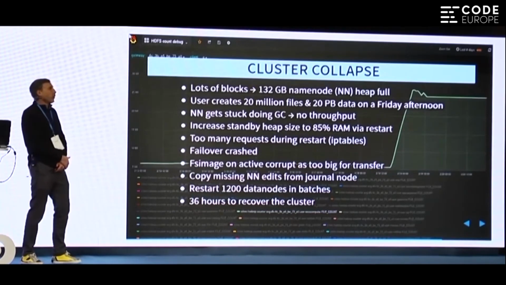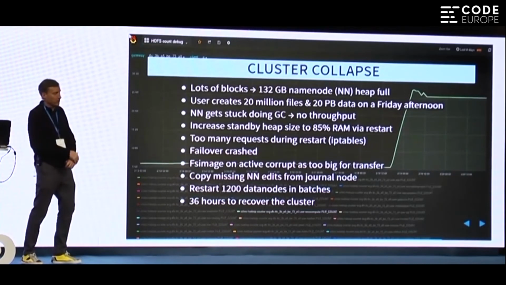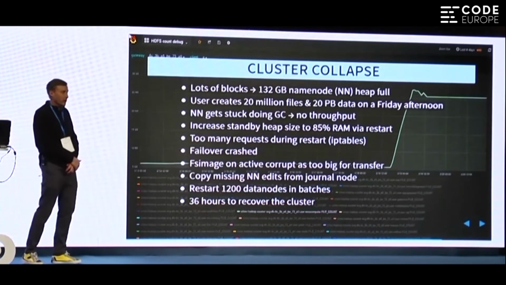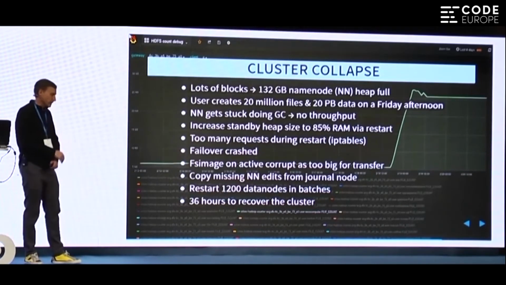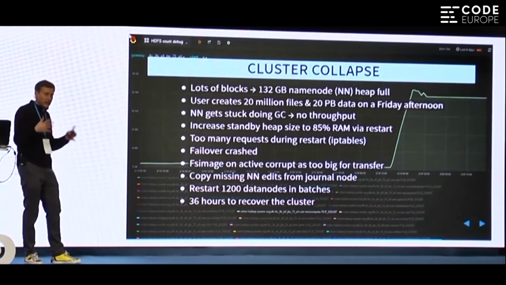So we spent all weekend working on this. We ended up having to hand choose the edits, the modifications to the file system, by hand. We managed to restart one of the name nodes by increasing the heap size to the maximum possible on the machine. And then we isolated that.